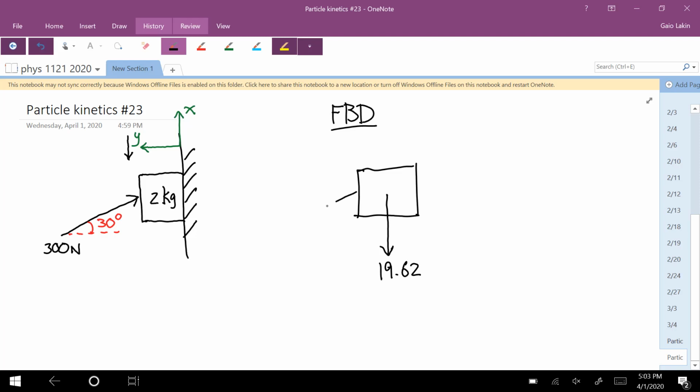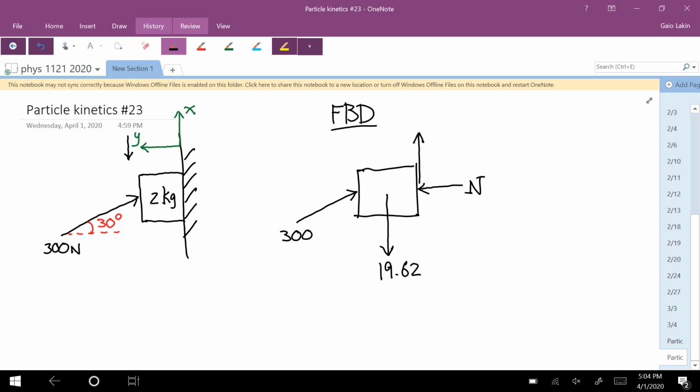And then we have this external 300 newton force over here. And now we have the contact force with the wall, which is made up of a pushing force and a friction force. The pushing force is this way, and I'll call that N. That's the normal force. And then the friction force is opposite the direction of the velocity. The velocity is down, so the friction force is up.